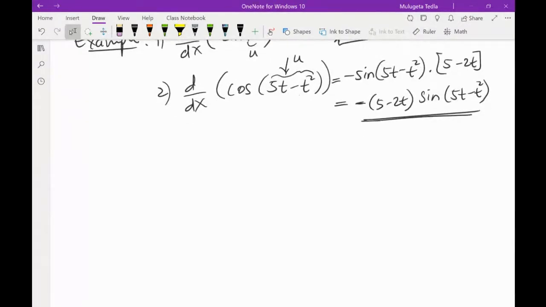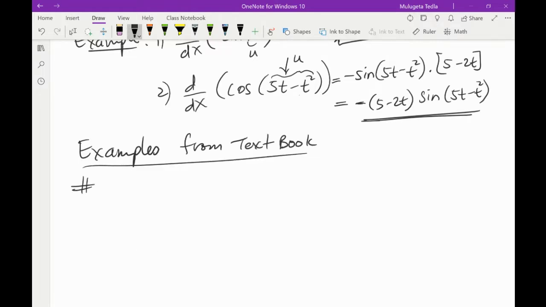I'll take you to the examples from the textbook, section 27.1, page 836. Number 4, for example.